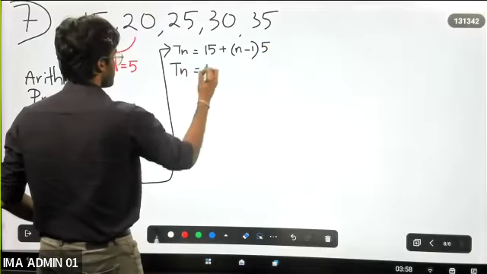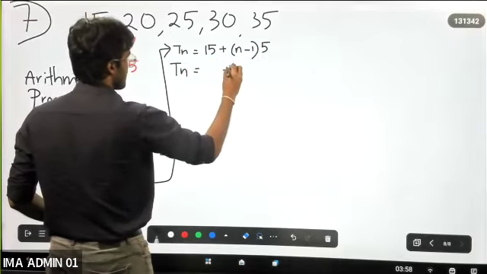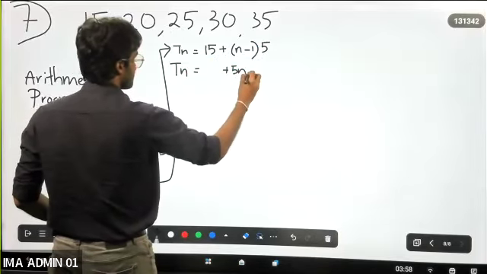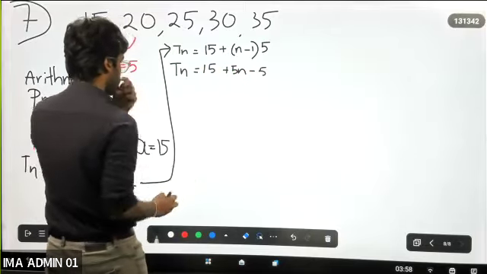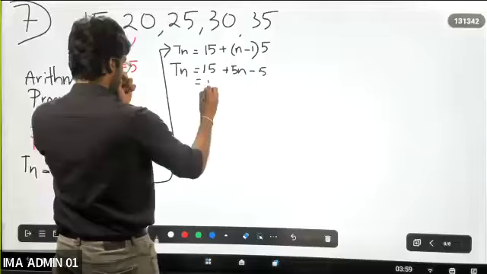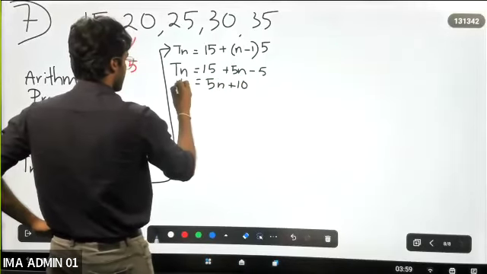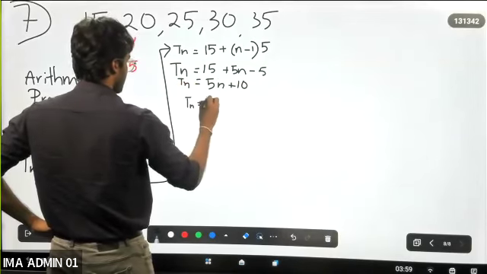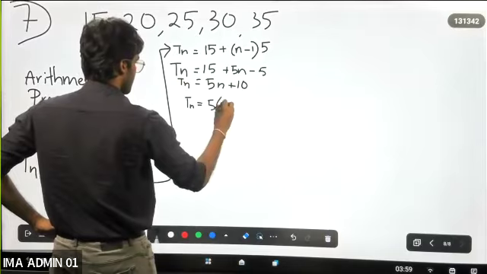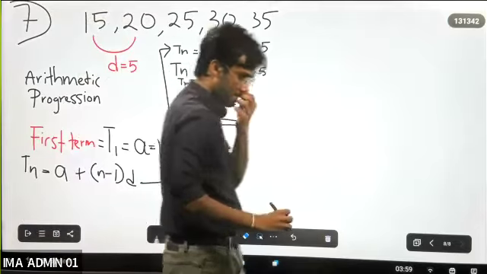Then Tn is equal to 5n minus 5 plus 15, so 5n plus 10. Tn is equal to 5n plus 10. We could further simplify as 5 multiplied by n plus 2. Right?